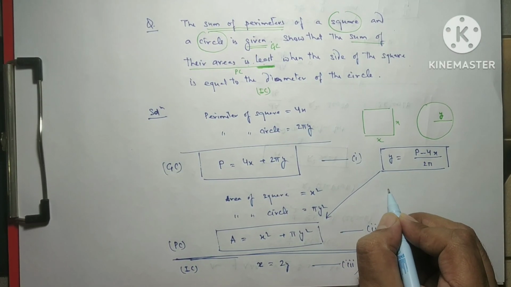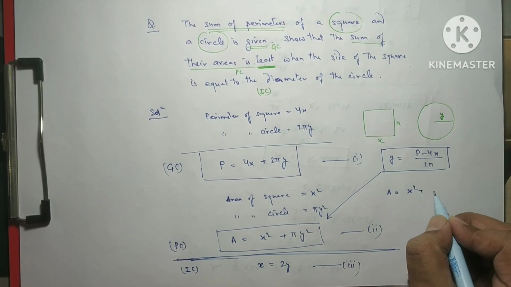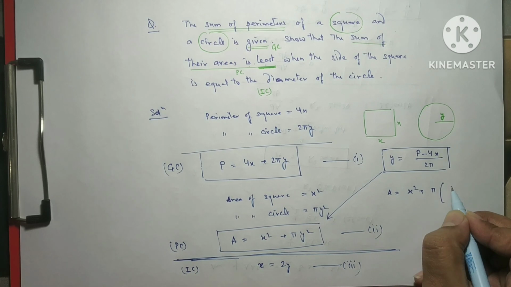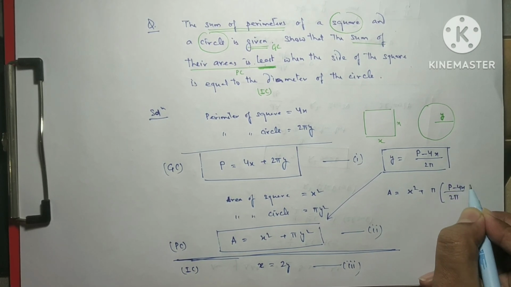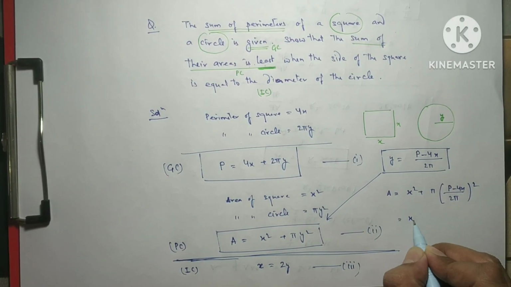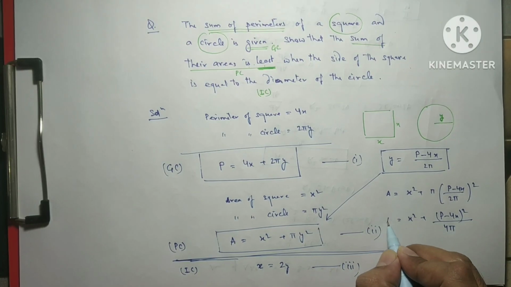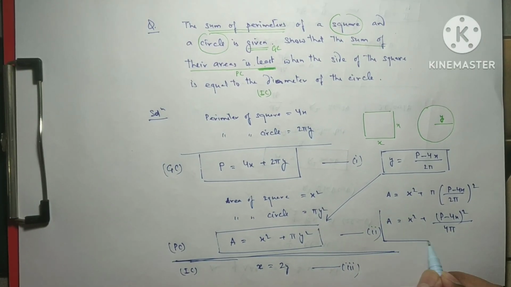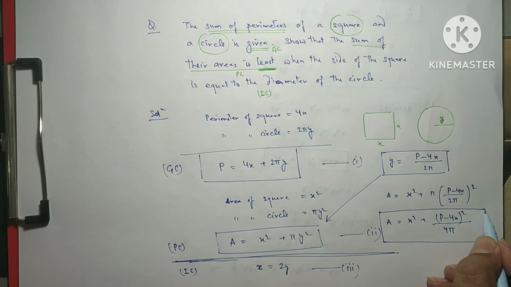So the area will be x square plus pi into p minus 4x over 2 pi, whole square. So it will be x square plus p minus 4x whole square divided by 4 pi. This is the area expression on which we will apply the second derivative test.